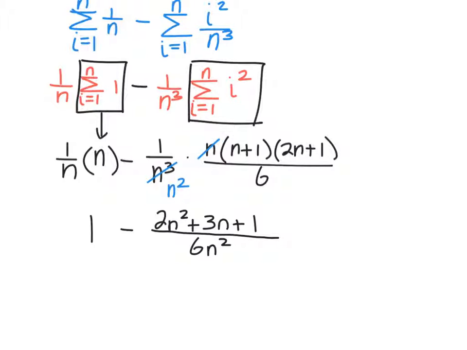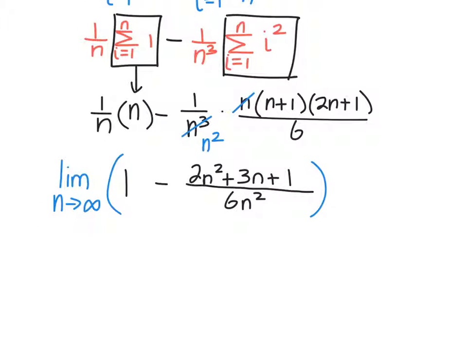Yeah, because what we need to find is the limit as n approaches infinity. So what we're going to do is apply a limit as n approaches infinity to this whole shebang. So that's going to give me the limit as n approaches infinity of 1 minus the limit as n approaches infinity of this whole thing.